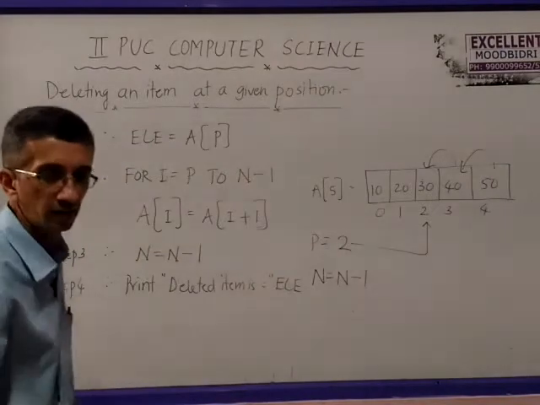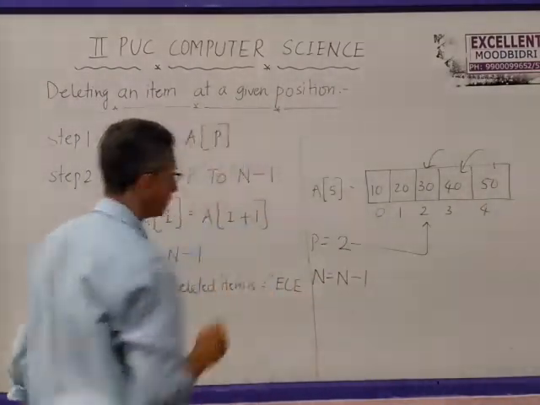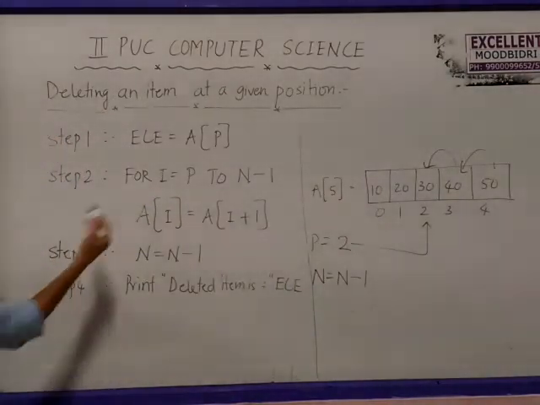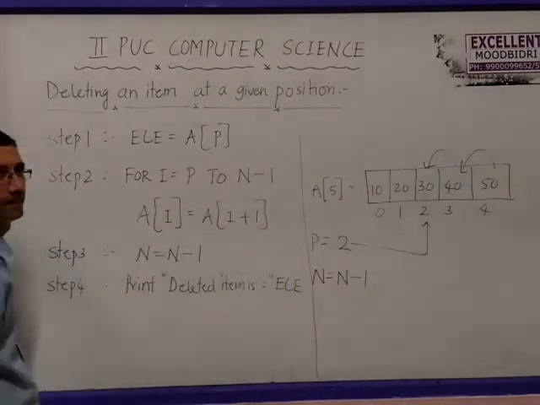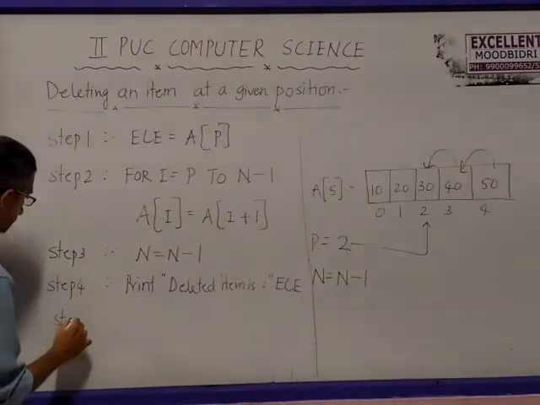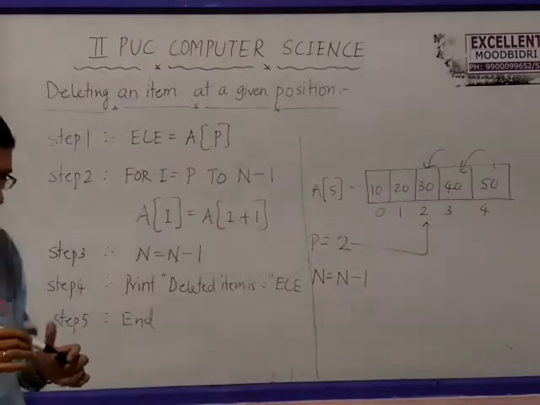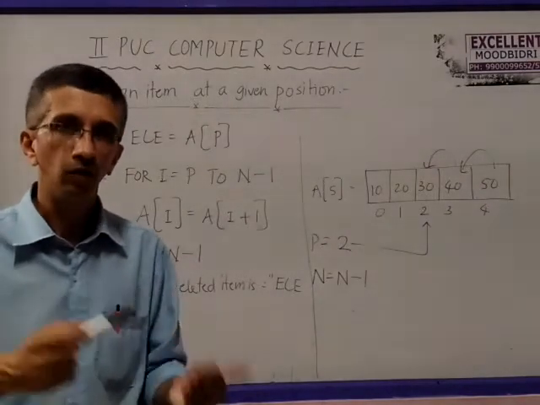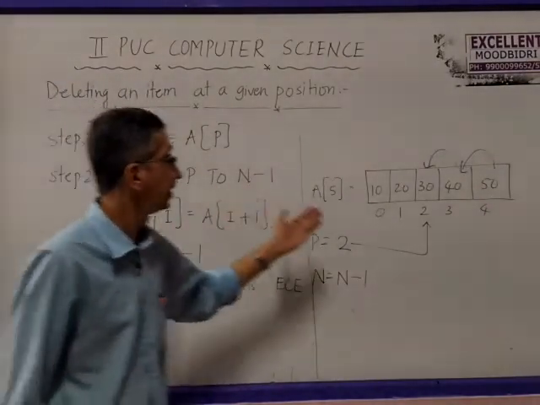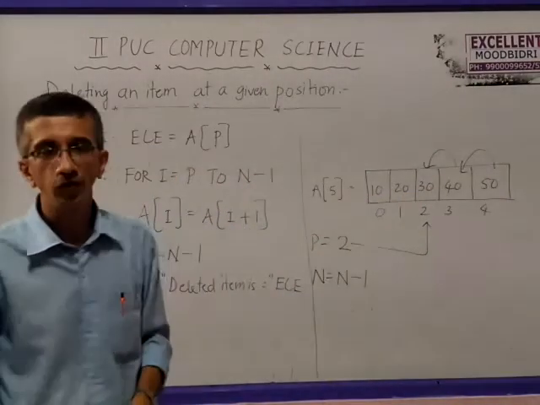So this is the item getting deleted, which is stored already in the variable element. So step 5, end. So that is a very simple algorithm of shifting the items down. But shifting starts from the given position towards the end of the array. It is a forward loop.